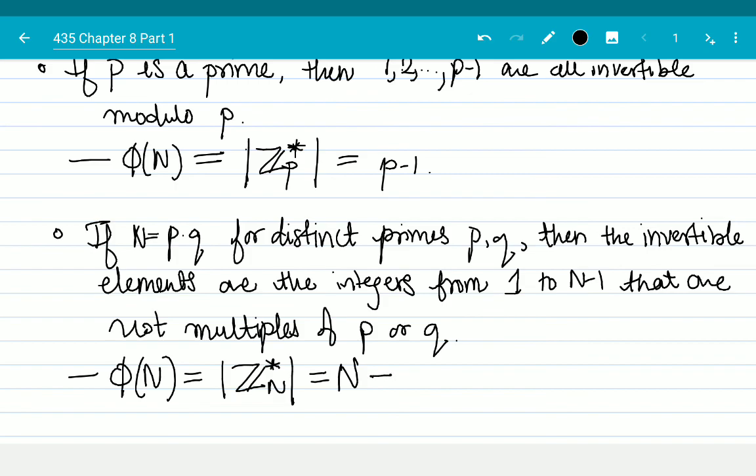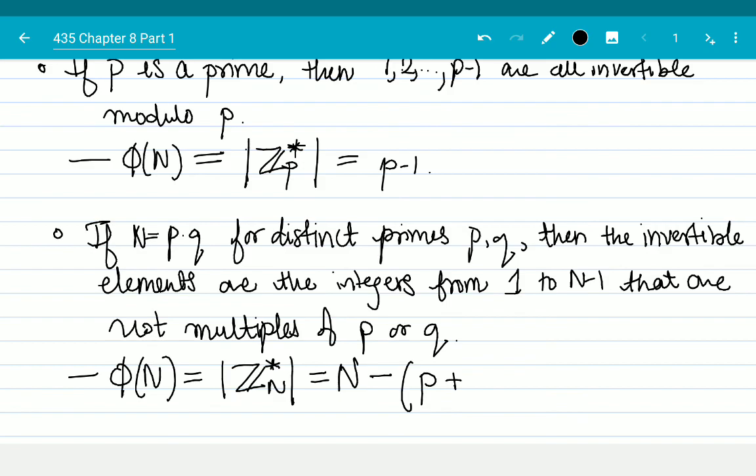How many numbers from 1 to n are multiples of q? It's going to be q, 2q, 3q, all the way up to p times q. So there are p of these, minus p, plus how many of them are multiples of p?